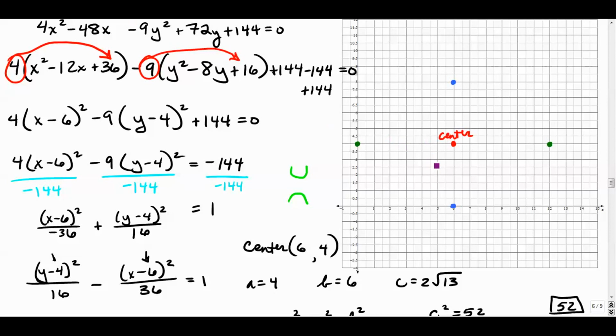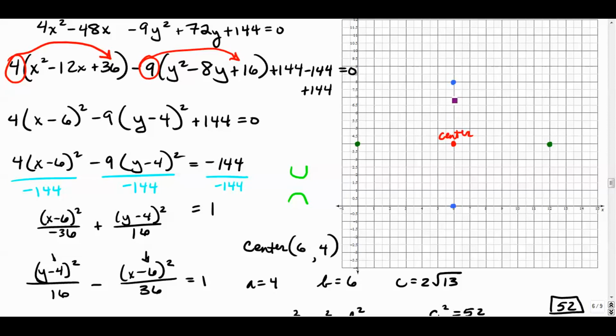So 2 radical 13 is, let's see, radical 13 is going to be a little bit less than 4. So you might want to come up with some semblance of a decimal, just to give yourself an idea of where to graph this thing. At this point, if you want to use your calculator, you can just hit 2 radical 13 and you'll see that it's about 7.2.